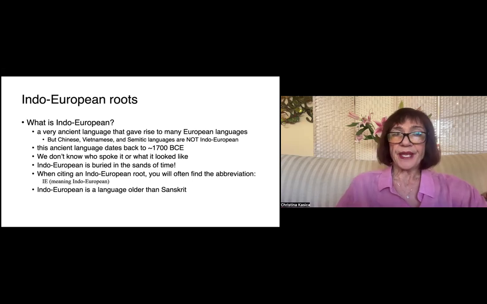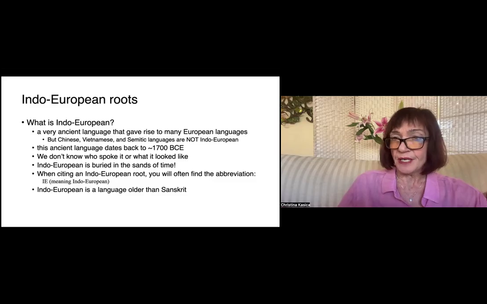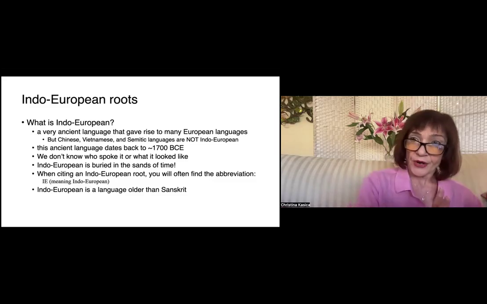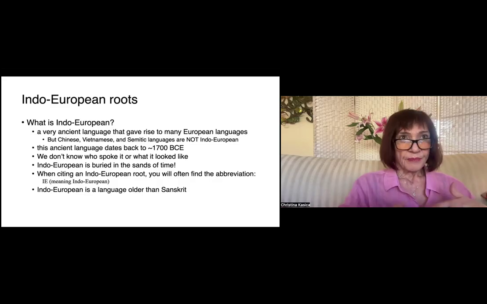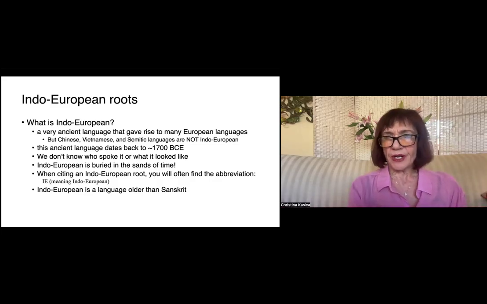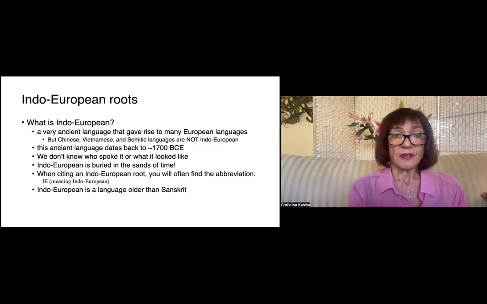Indo-European dates back to around 1700 BCE and even farther, but we don't have much written material beyond that period. We don't have any paper or birch bark or anything. We do have some stone carvings.